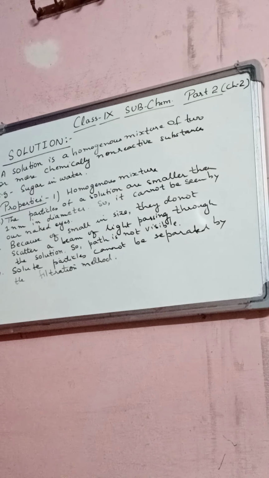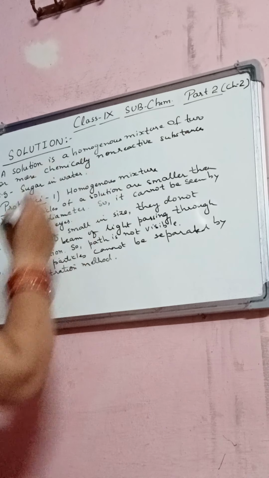Okay. Now the examples. Many examples are given in your NCERT book. A solution of iodine in alcohol is known as the tincture of iodine.